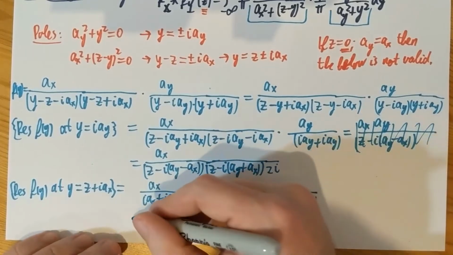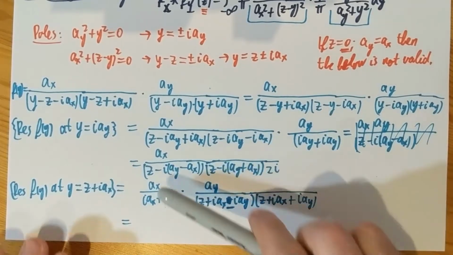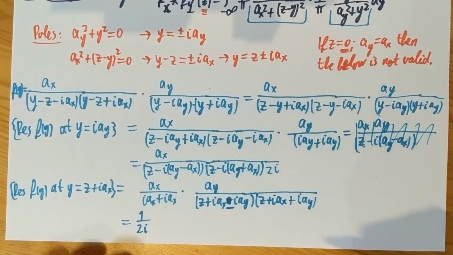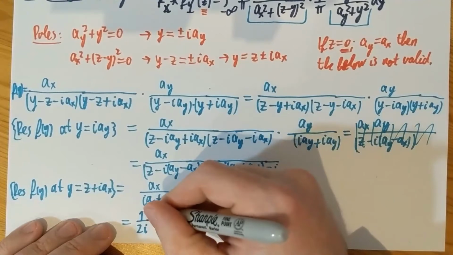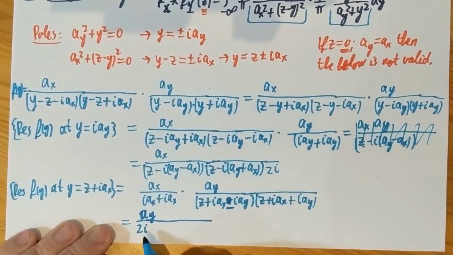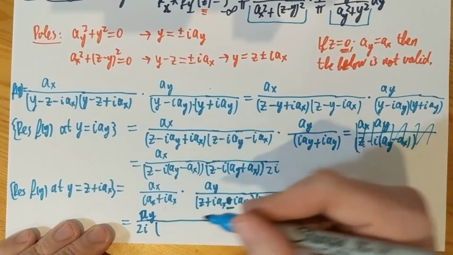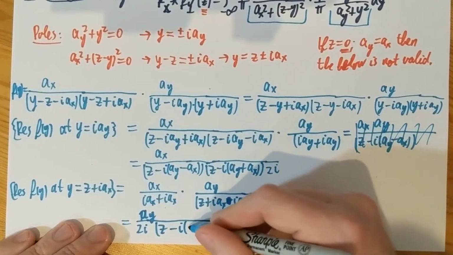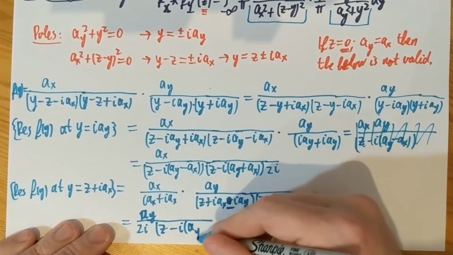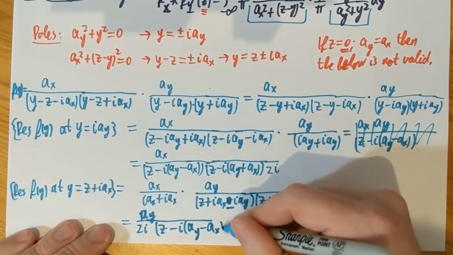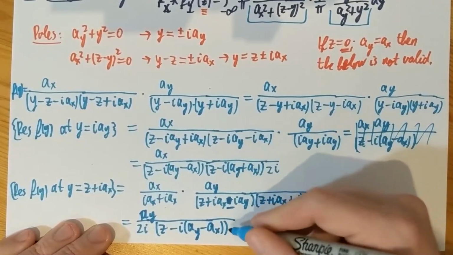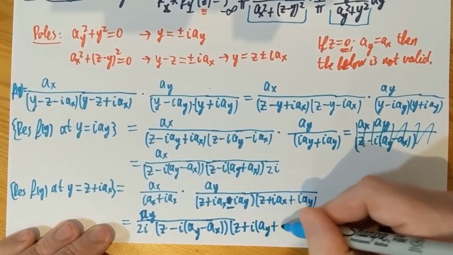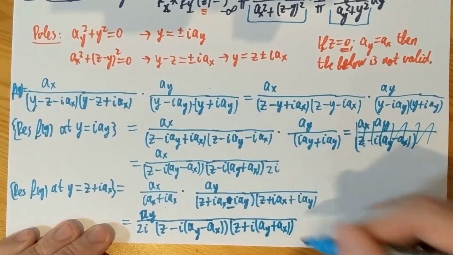Again, I want to write this slightly simpler, so the Ax cancel here, and I have just a 1 over 2i, and I have, well, let's write this straight away as Ay over 2i, and then these guys, so z minus iAy minus Ax, that's for the first term, and then z plus iAy plus Ax, that's for the second term.